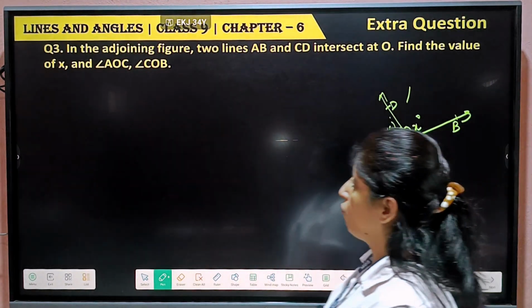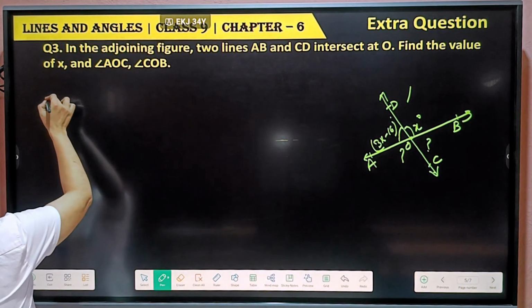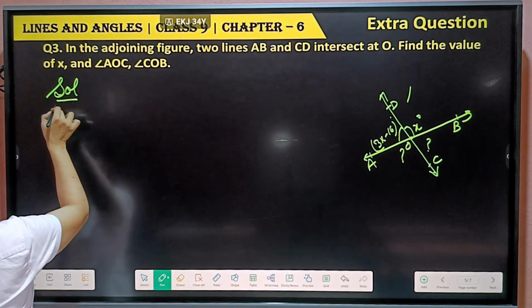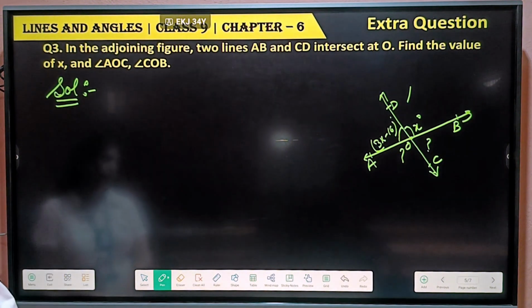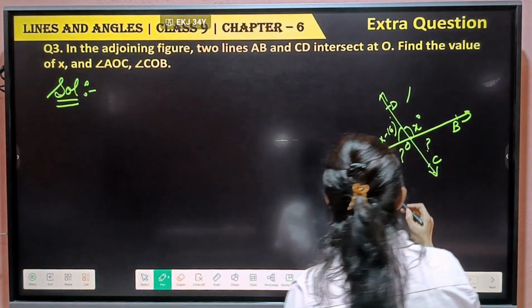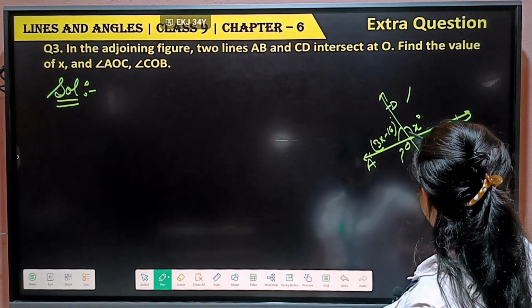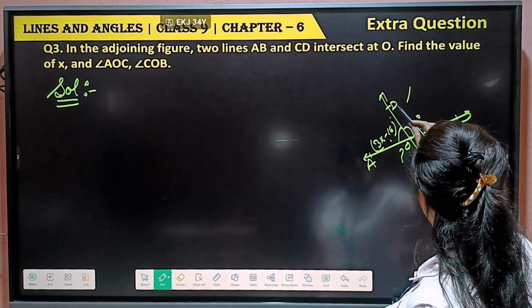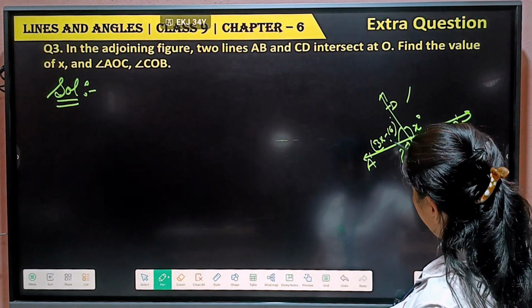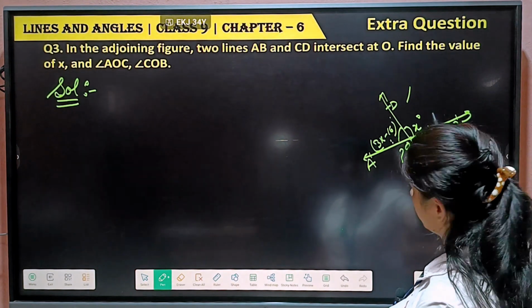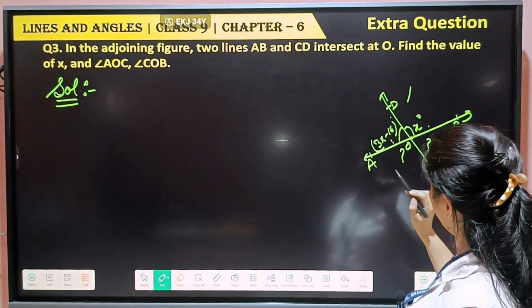Okay. So how will we do the solution? Look, AOB is a straight line, so OD is falling on it, so this angle plus this angle is equal to 180 degrees because of the linear pair.